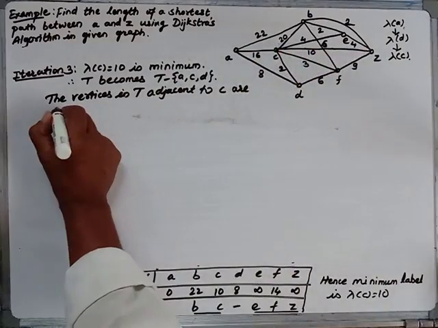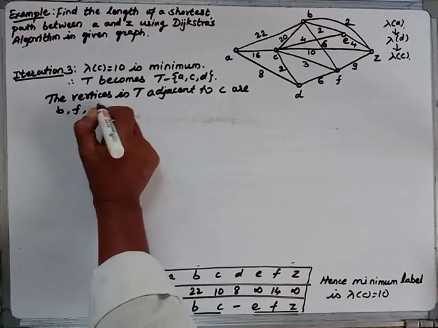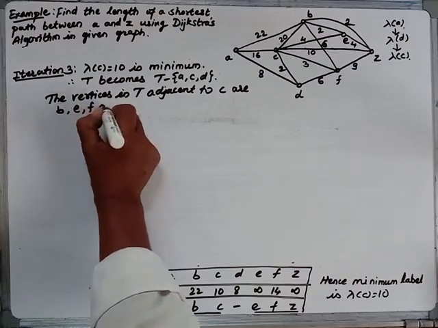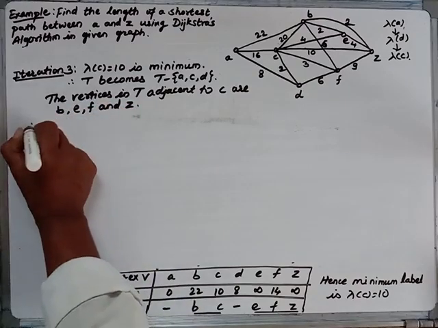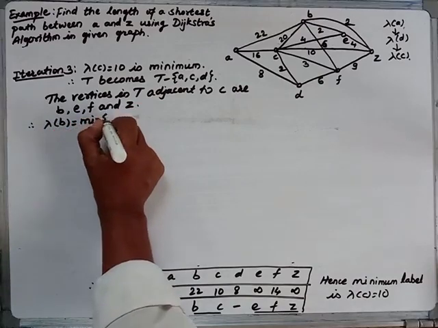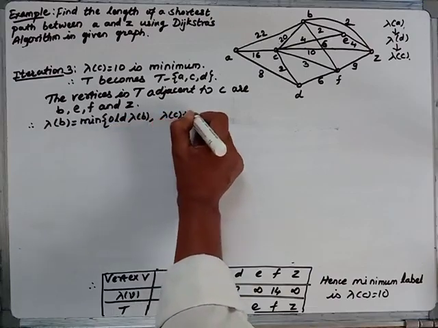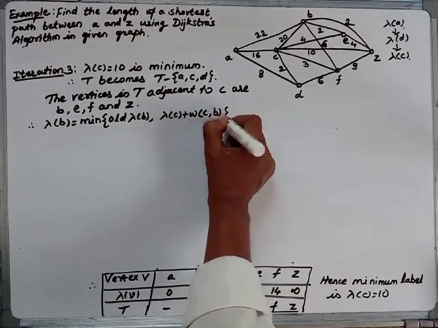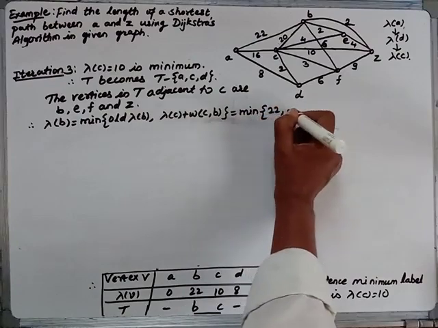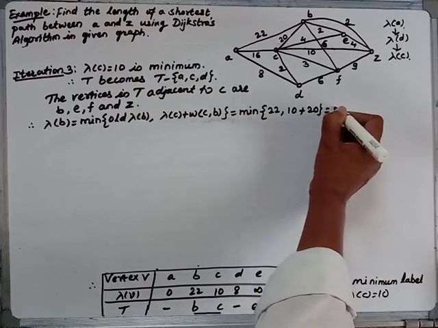All of them are adjacent: B, E, F and Z. Therefore lambda of B is the minimum of old lambda of B, comma, lambda of C plus weight of the edge from C to B. Old lambda of B is 22, lambda of C is 10, and the weight of the edge from C to B is 20. So it is 22.